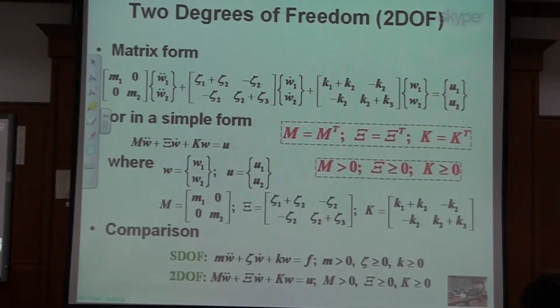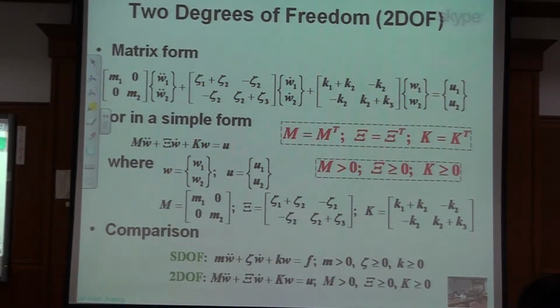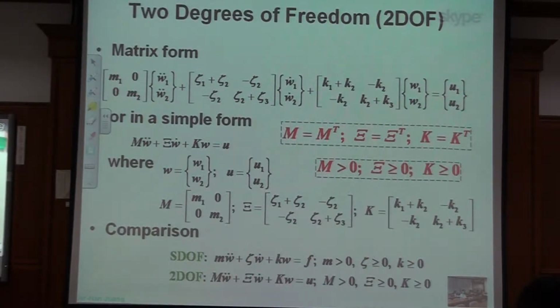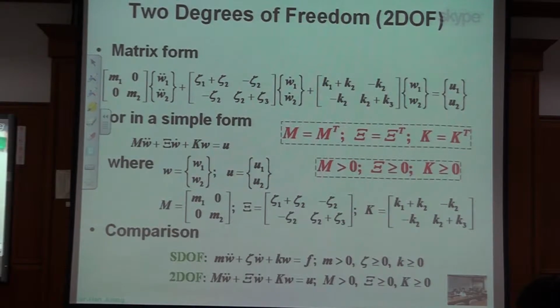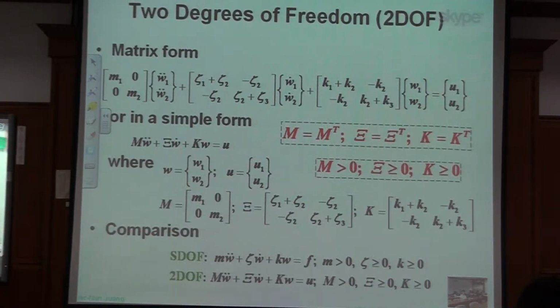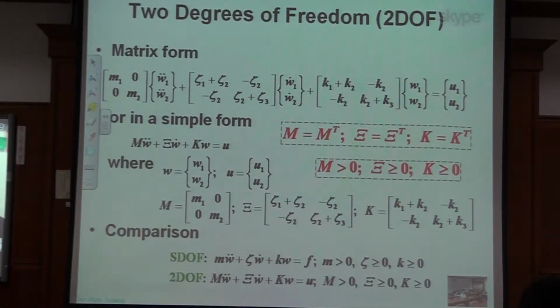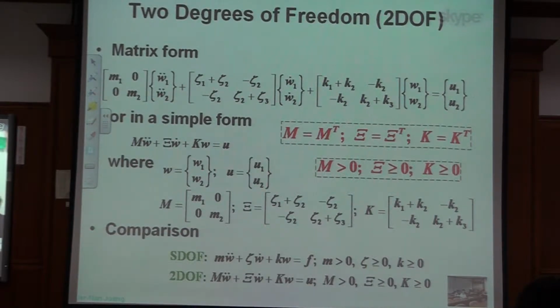So I'm going to say that m larger than 0, we call this positive definite. Zeta larger or equal to 0 and k larger or equal to 0, we call this positive semi-definite.